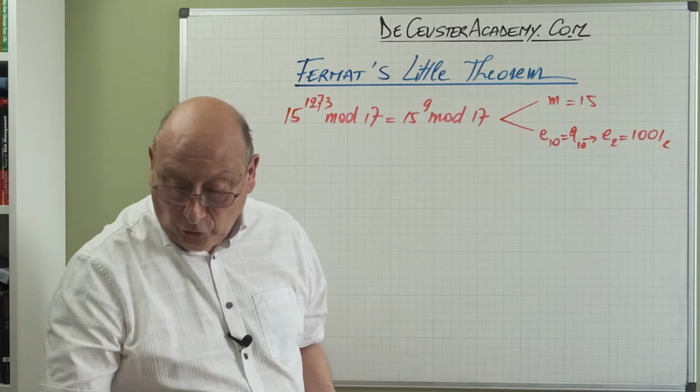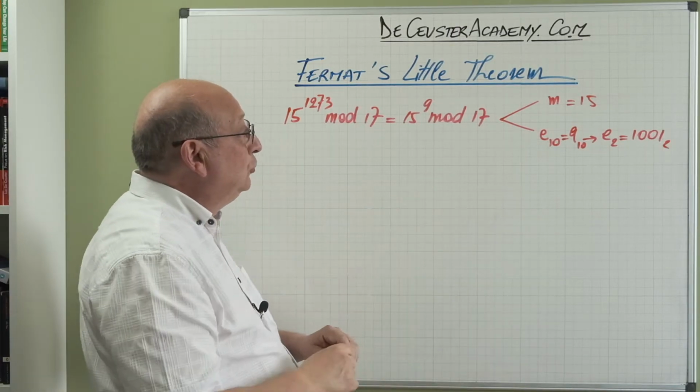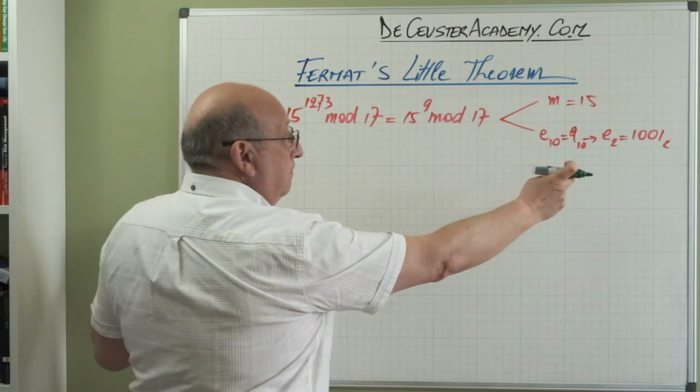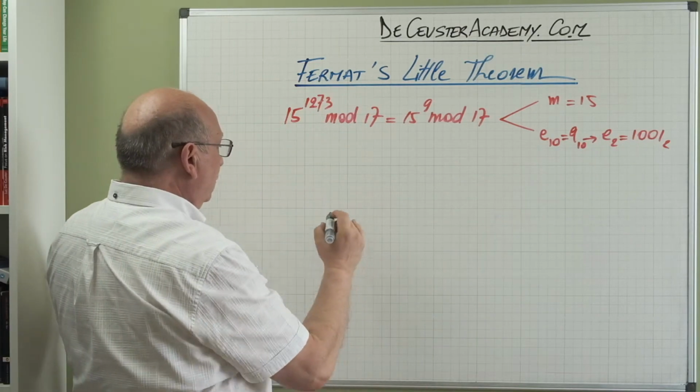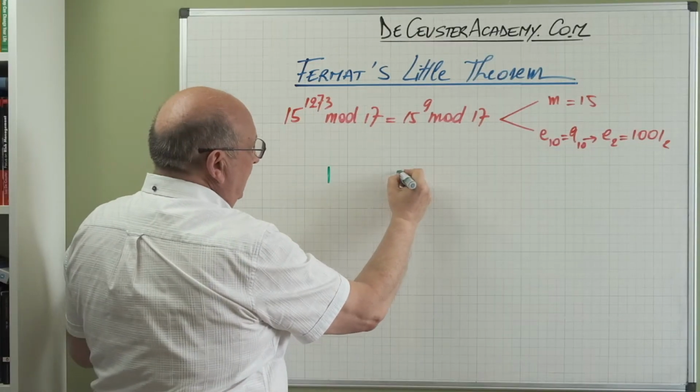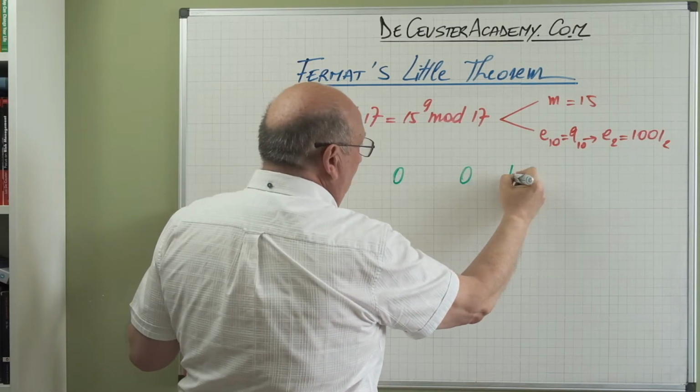Now when we are going to look at this, we have to use the binary expression of e. So we have 1, 0, 0, 1.